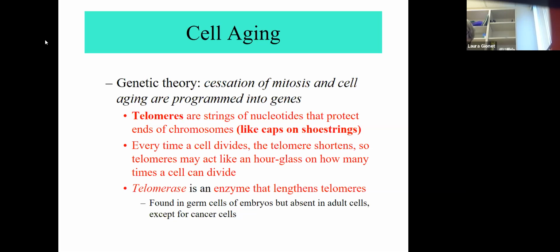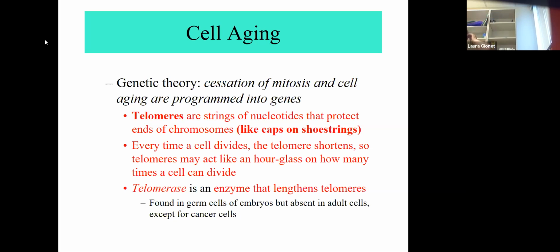These are strings of nucleotides that protect the ends of a chromosome, like caps on shoestrings, and I like to put that in there. Maybe not so much the shoestrings now, but sneakers had shoestrings made out of cotton fibers, and at the ends you had those little plastic tips.